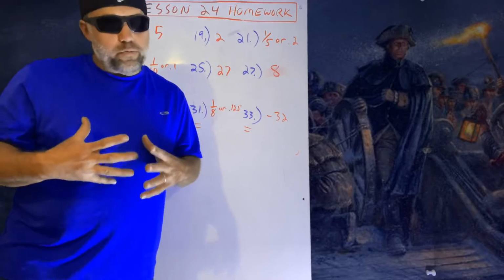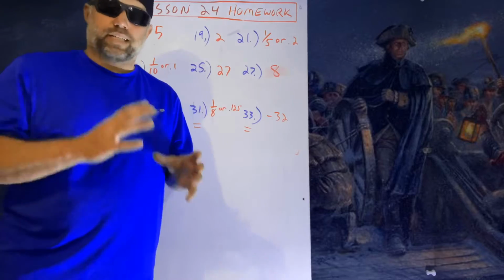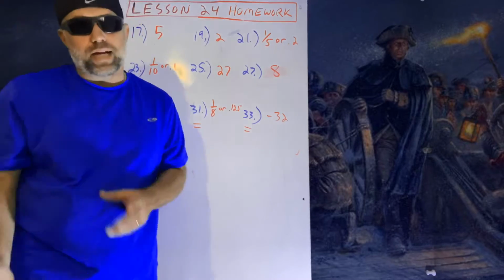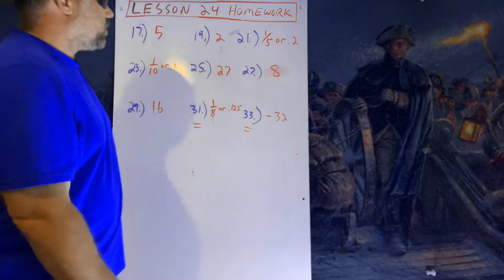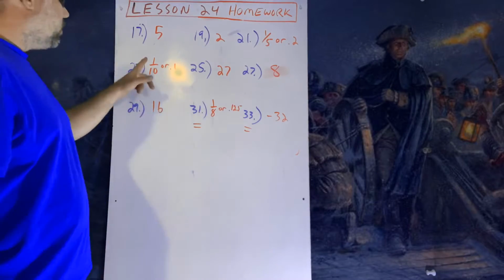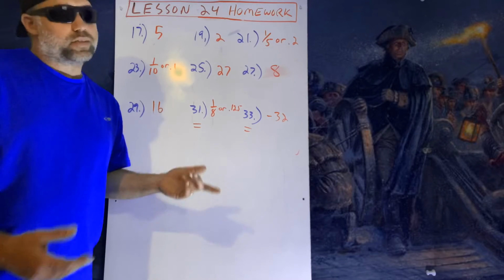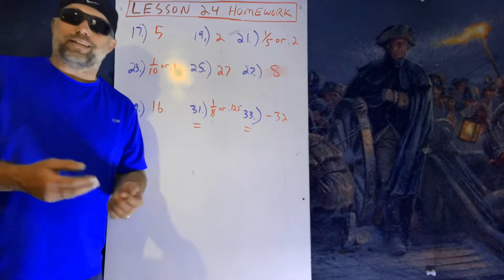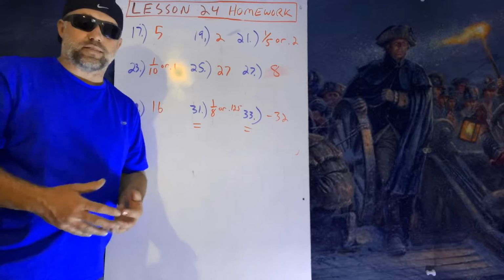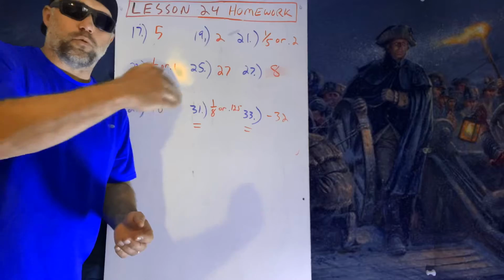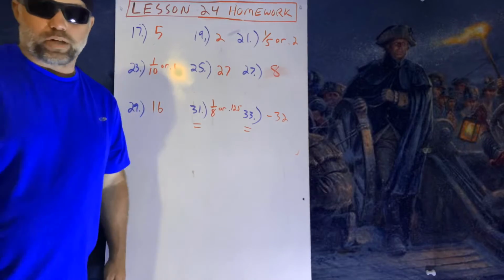Again, I'm okay with that, but you need to understand the concept of how fractional exponents work. So I'd appreciate if you try not to use the calculator. For number 23, 1/10 is the same as 0.1, but if you got 0.1, that tells me you just used a calculator. I'd like you to try to get these answers in fractional form. It's going to be helpful when we move forward with exponential equations.